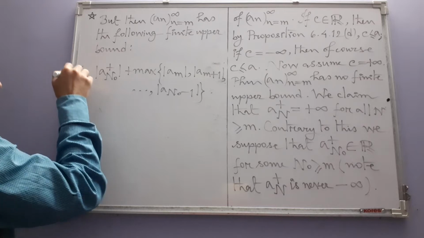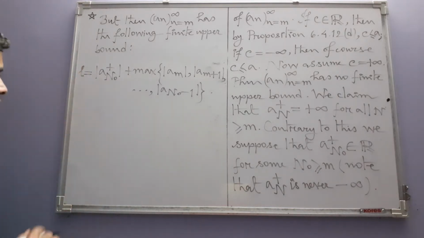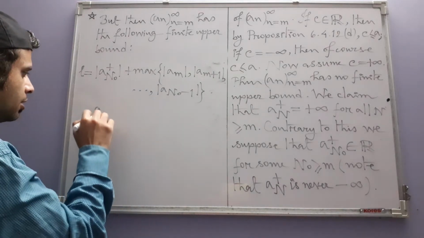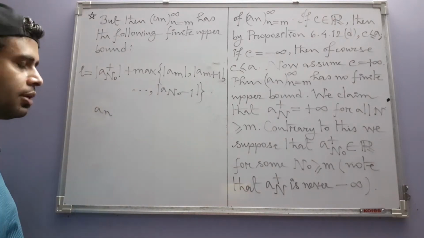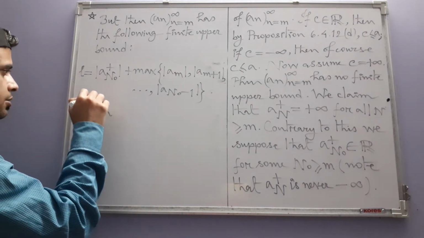Let's call this number temporarily, for the sake of this small argument, L. Now say we have an where n is in this range.